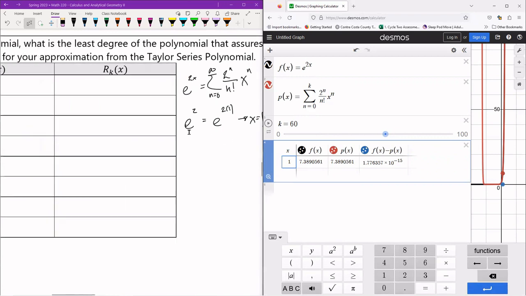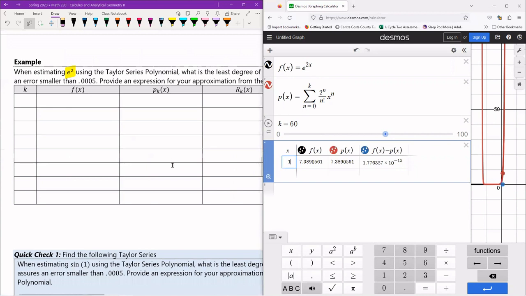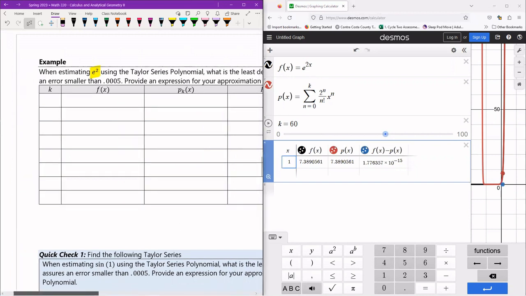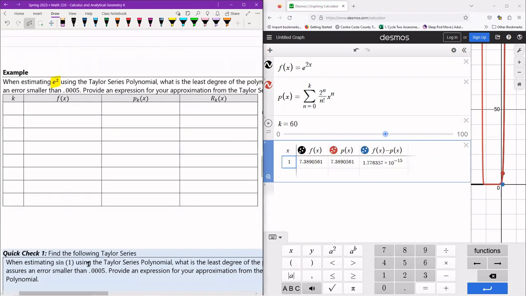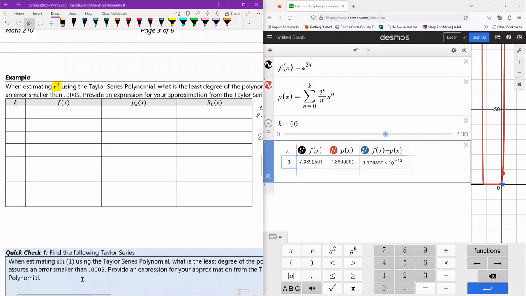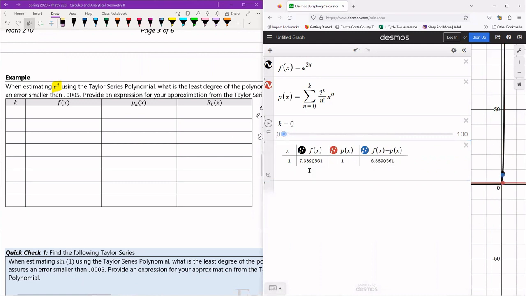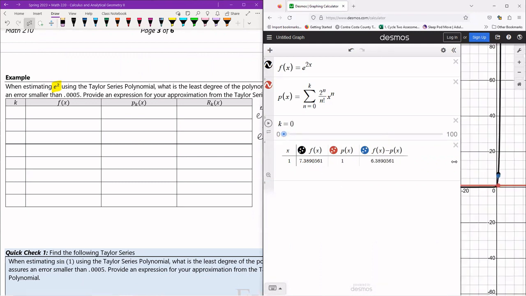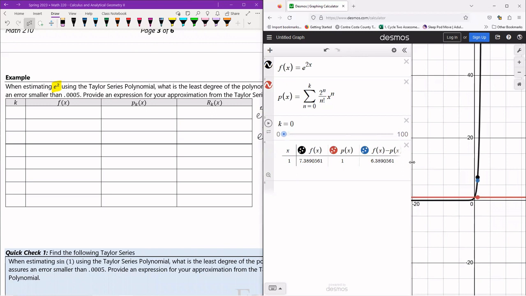So now I'm going to fill in this table, and I'm going to keep track of all the k's that I do. What do I mean by that? Let me bring it down to 0. I'm going to start off with k equals 0.